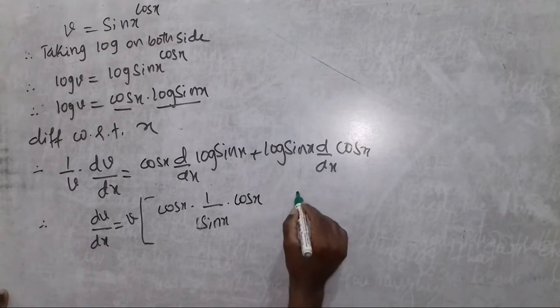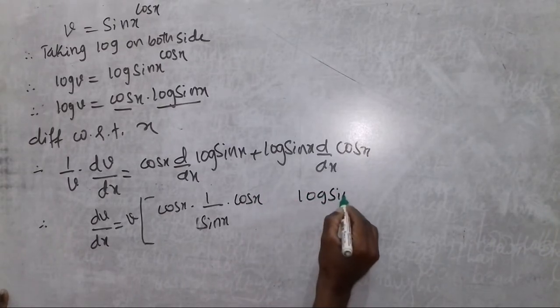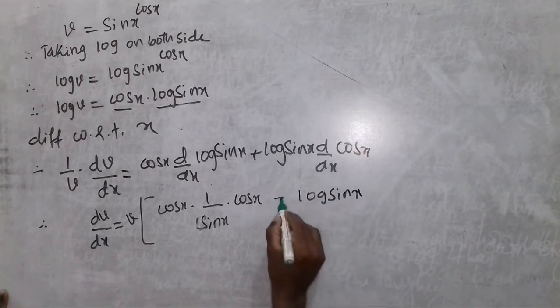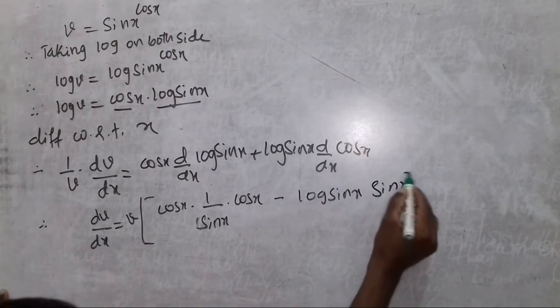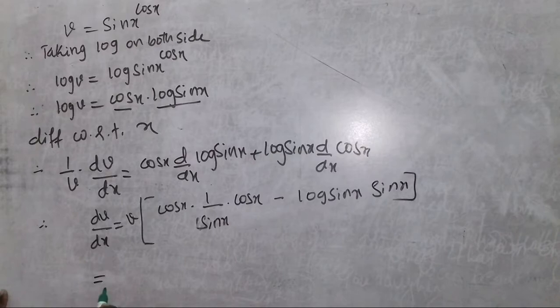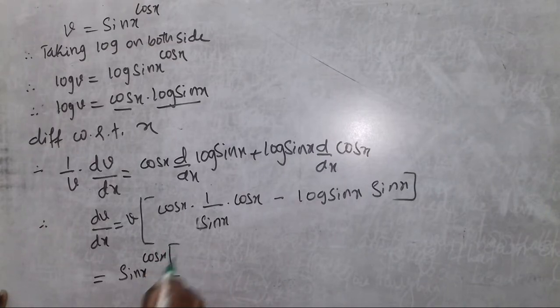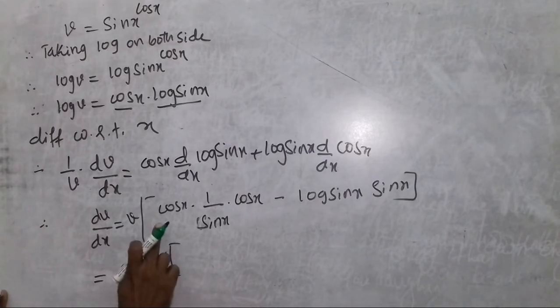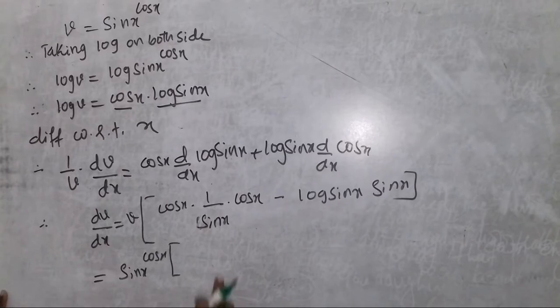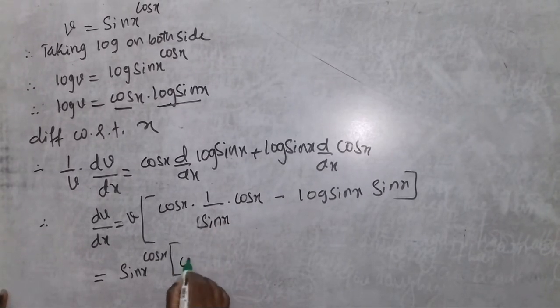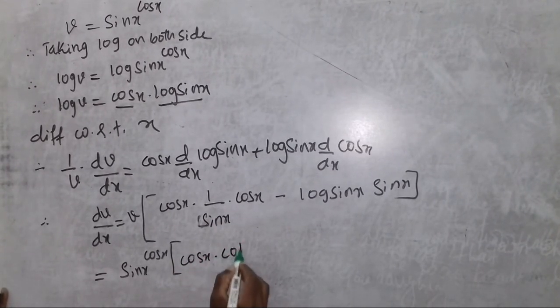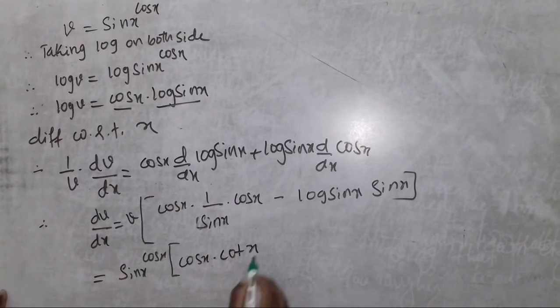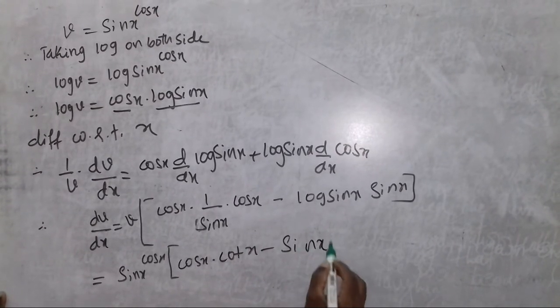And here log sin x, derivative of cos is minus sin x. So substitute the value of v, that is sin x raised to cos x, this into bracket, cos x into cot x minus sin x log sin x.